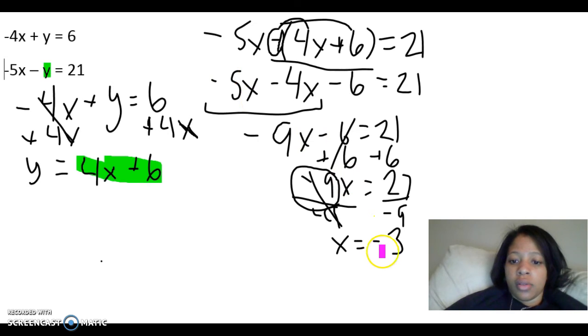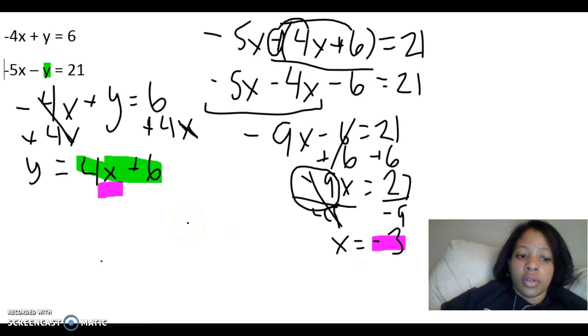So you're halfway there. Now you need to substitute this x in for the x in the equation you solved for y in, right? So you're going to substitute it in for that x. So now when we rewrite it, instead of writing x, you're going to write negative 3. Okay?